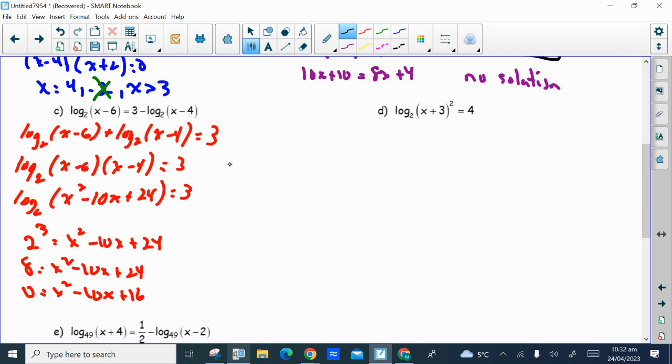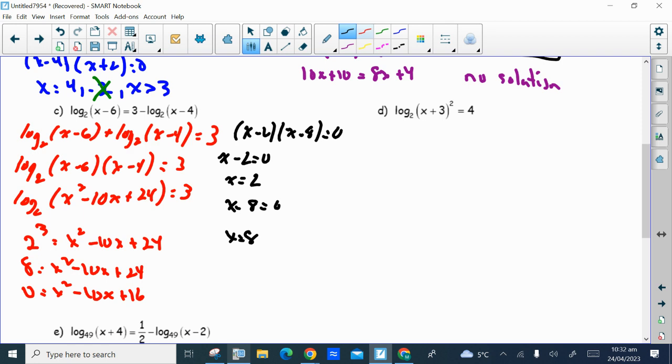We would solve this by factoring. The factors are x minus 2, x minus 8 equaling 0. So our solutions will come when each factor equals 0. And that gives us two answers, positive 2 and positive 8.